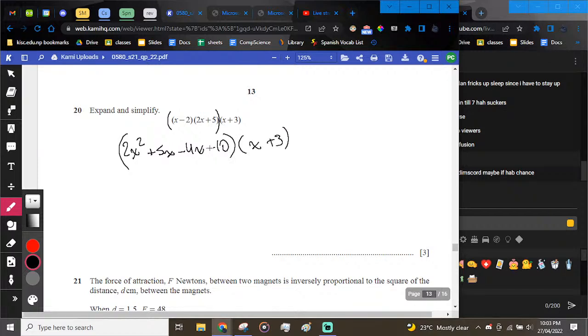You can now simplify these to form plus x, 10.